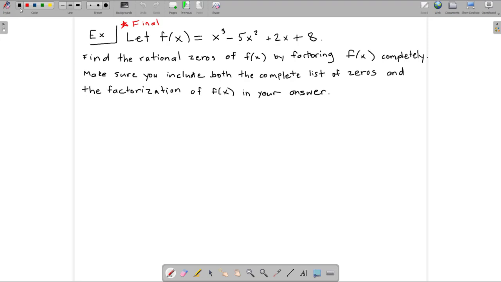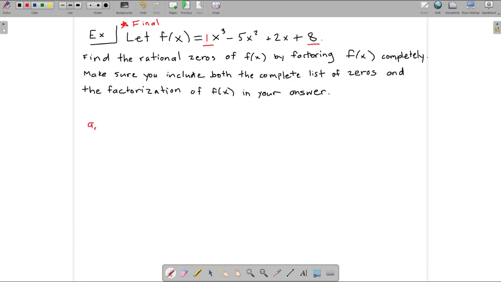Okay, so first, using the rational zeros test, we look at this a sub 0, the constant term, which is 8 here, and the leading coefficient term, so just 1 again here, and we list the factors of those.